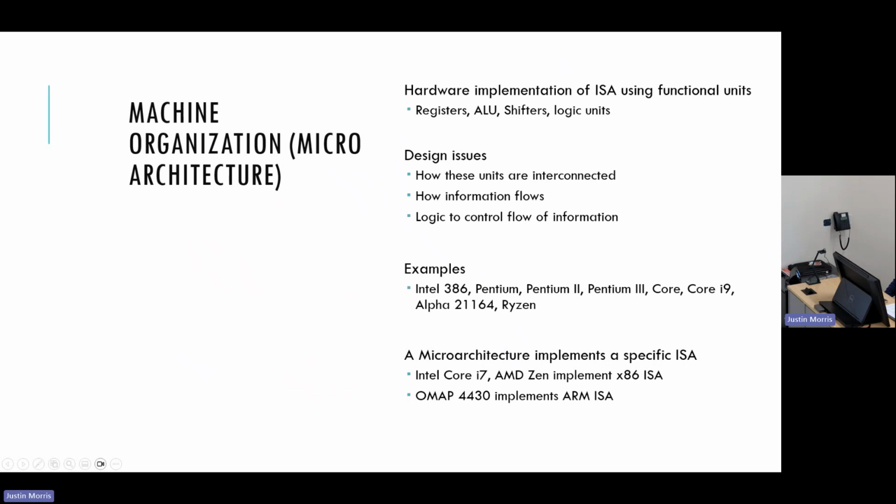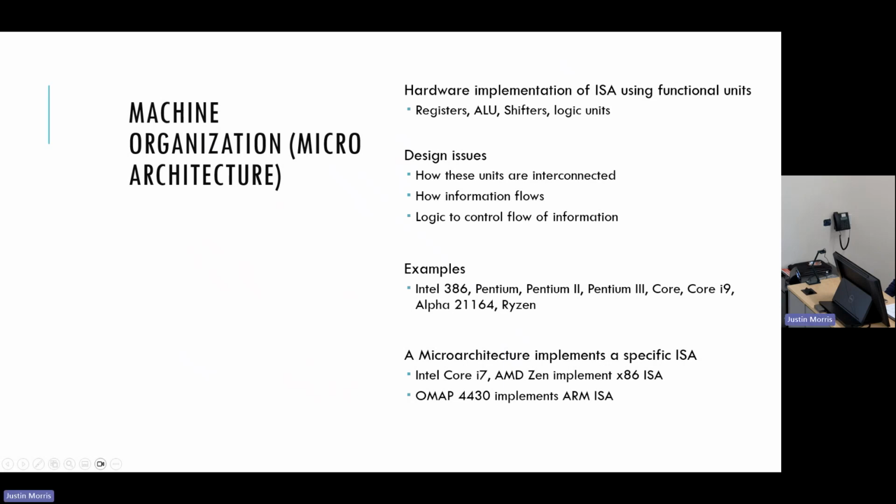You have shifters and logic units. So the logic units are those things that I was talking about, like the multiplexer. So the design issues are, how are these units connected? How is the data going to flow through? And how are we going to create logic units that control this flow?